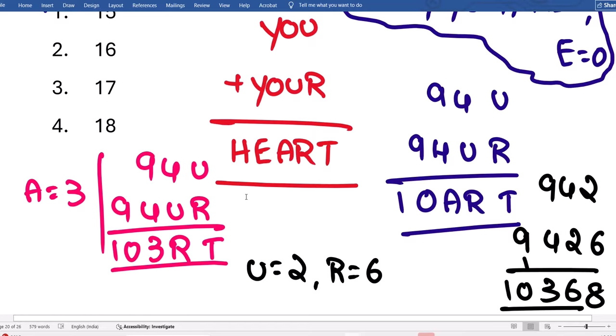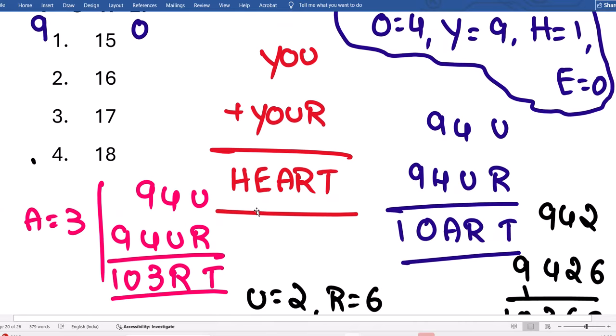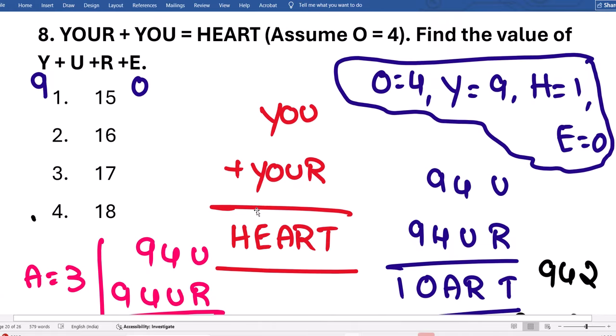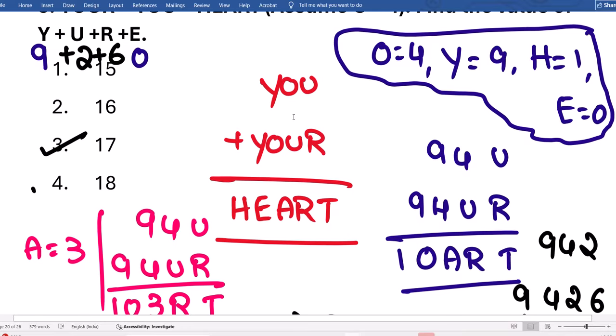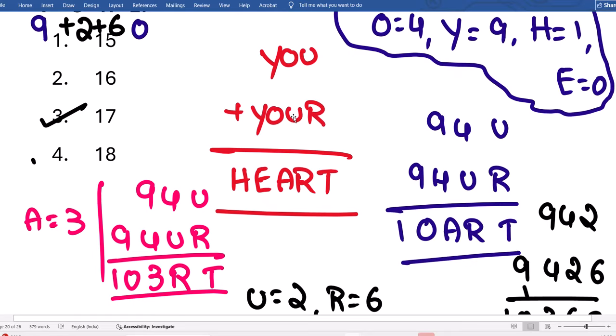Now finally your answer should be 18. Okay, they're asking only Y plus U plus R plus E. U is 2, R is 6. So you got 17. They're not asking all the letters of HEART, they are asking YURE only. As per that, it is nothing but 17.